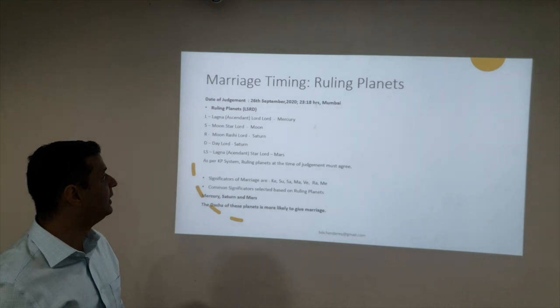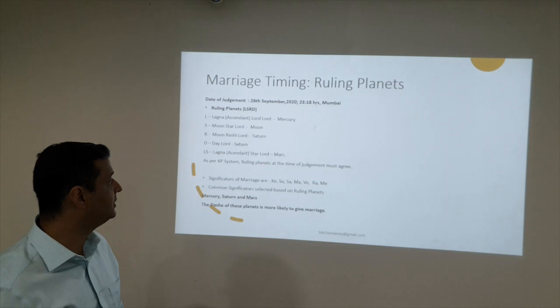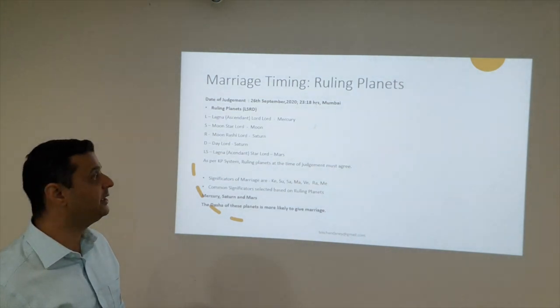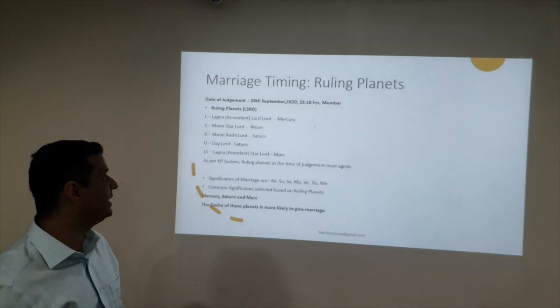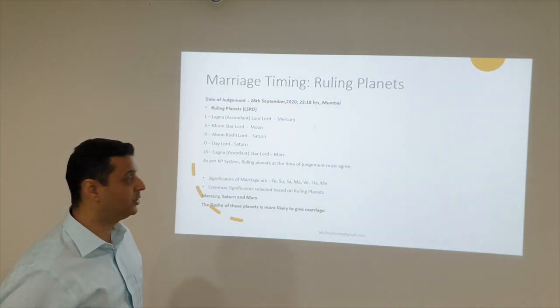The Moon's star lord was Moon. The Moon was in the Rashi of Saturn, and the day the prediction was made was Saturday, so the day lord was Saturn. Mercury was in the nakshatra of Mars at the time this prediction was made.